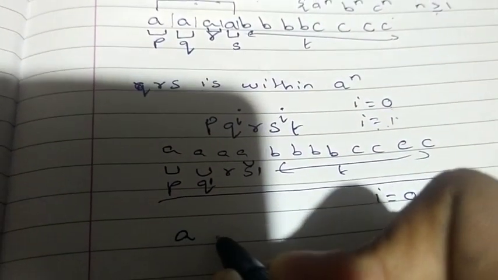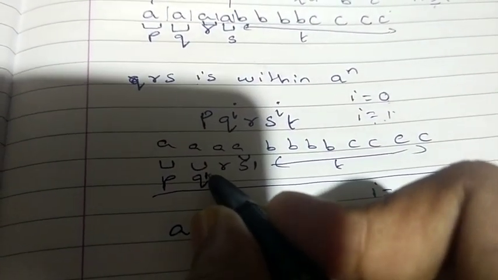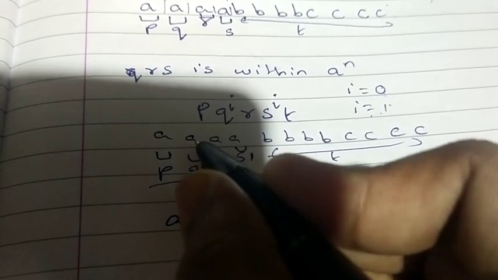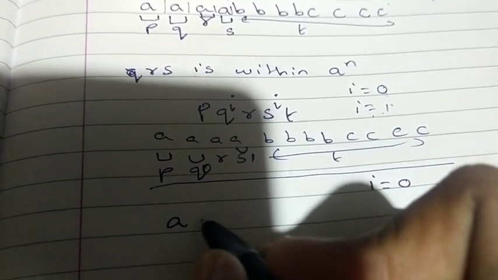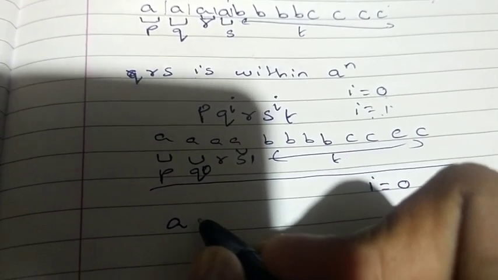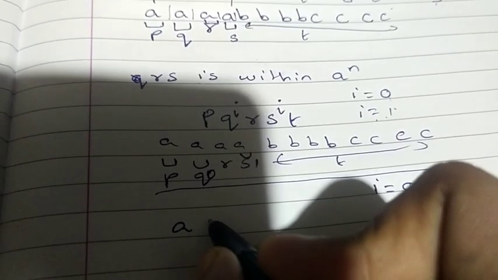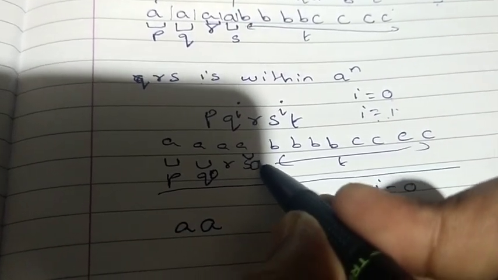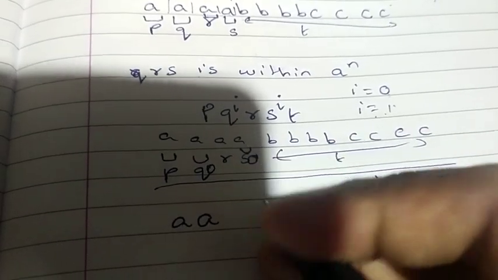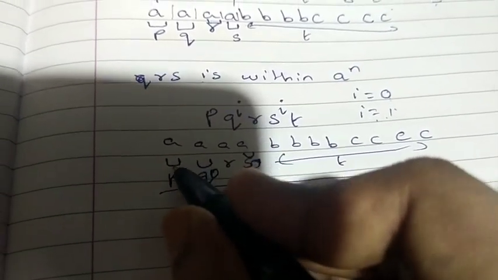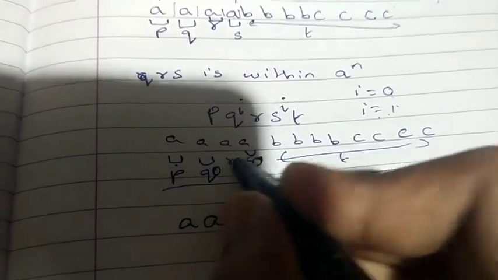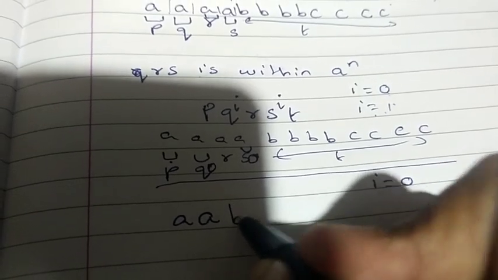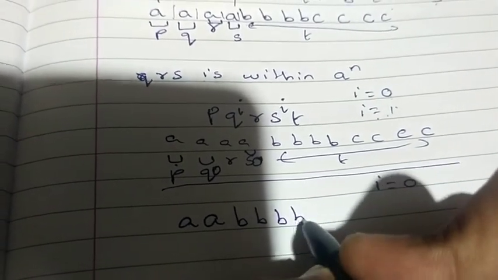If we take i equal to 0, then as this is turned 0, this A will be gone, meaning there will be no A here, so only one A. Since this is also turned 0, there will be no A there, so only 2 A's remain, that of P and that of R, and the remaining thing will be the same.